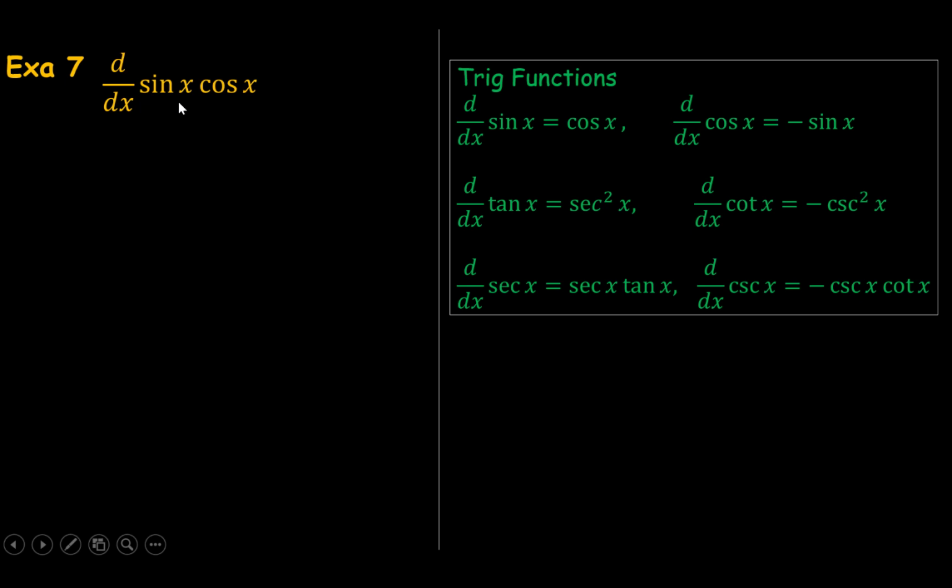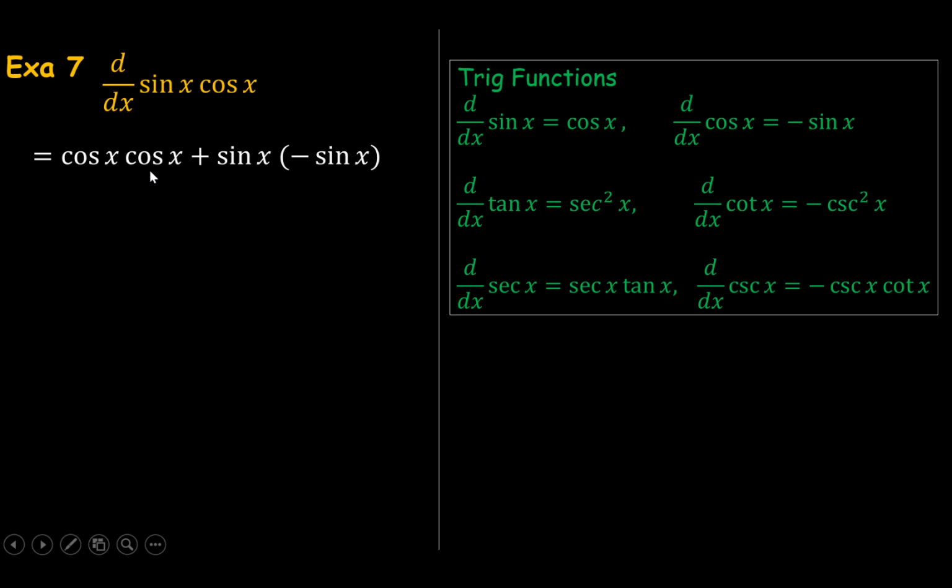Here we have the product of sine and cosine. So we apply the product rule, which says if you take f times g, this is our f, and then g is cosine here. (fg)' should be equal to f prime g plus f g prime. So first you take the derivative of sine times cosine. The derivative of sine is cosine, so you just have cosine times cosine.